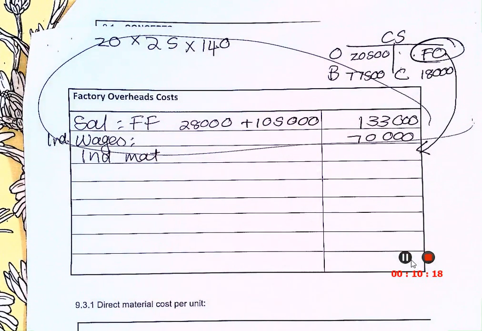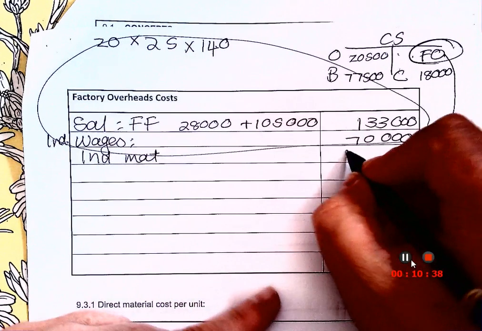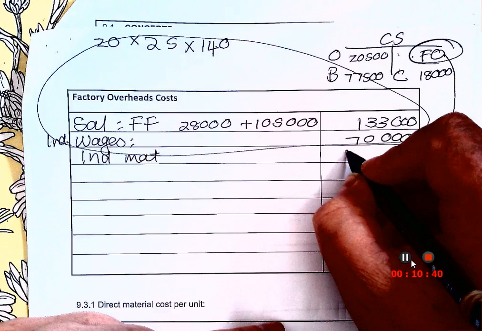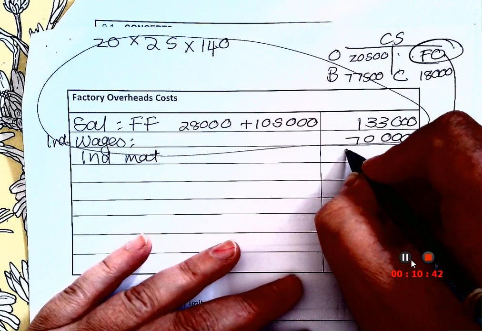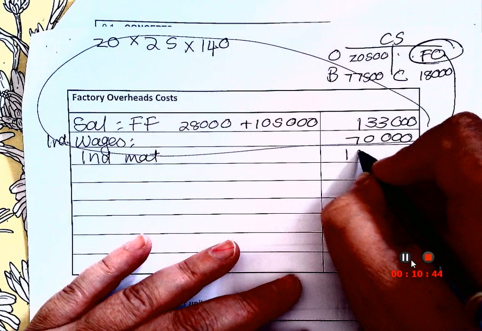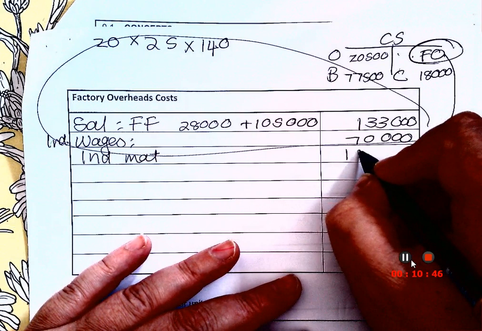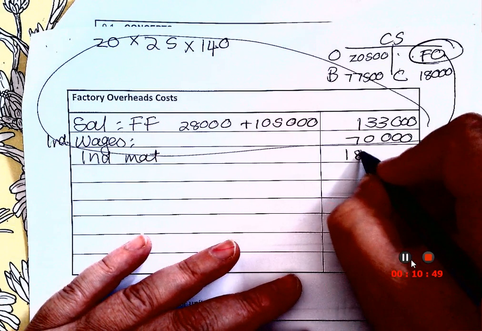But it can also be that they say a third goes to factory, another third goes to admin, another third goes to sales and distribution. Then you have to do the ratioing. Always remember, adjustment before ratio. Remember that. Okay, how much? 1,000. 18,000? 80.